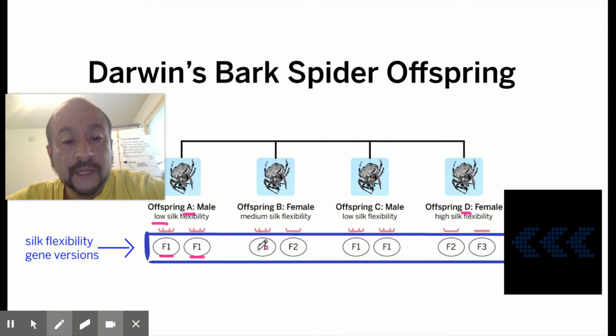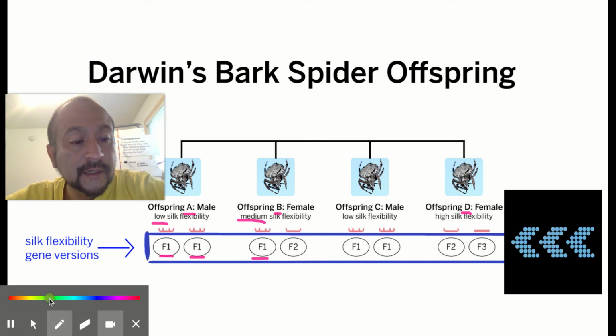If you notice, this one here is also F1, but it's from offspring B, which contains medium silk flexibility. So this is also the same, F1. We have a different protein molecule here, so let's put that in a different color.